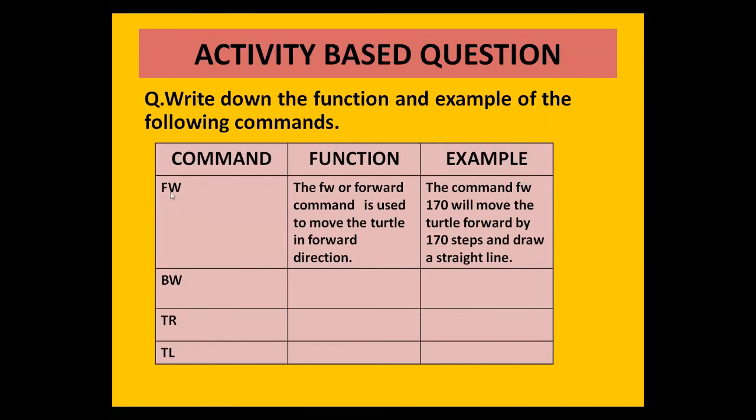For example, FW. What is the function of the FW command? The FW or forward command is used to move the turtle in the forward direction. And you will also write the example. The command FW 170 will move the turtle forward by 170 steps and draw a straight line. So you will write the function of the remaining commands and also write the example of these commands.